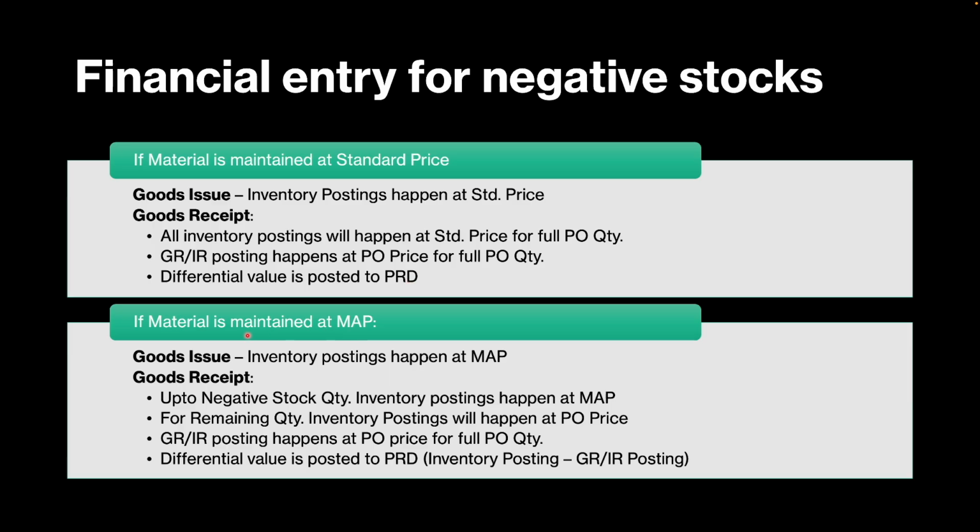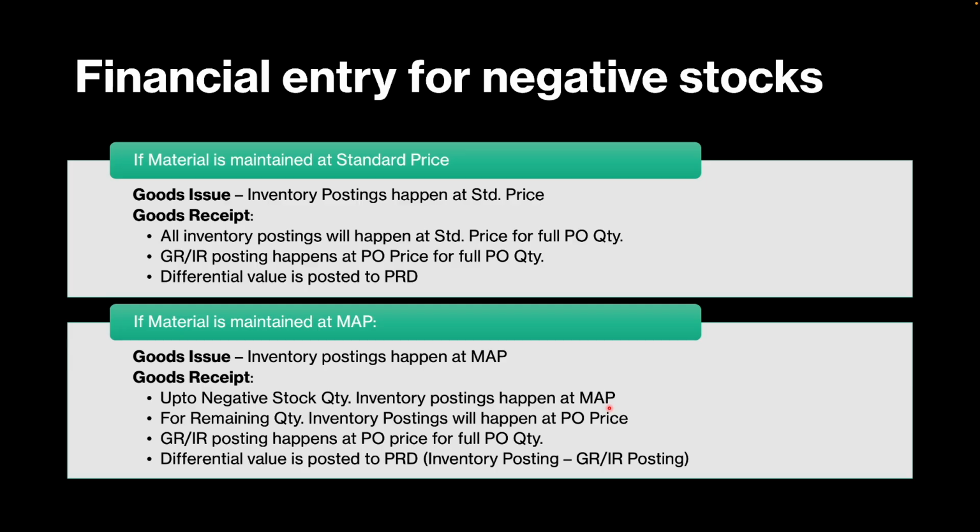But you can see here, if materials are maintained at MAP, whenever you issue a material which leads to creation of negative stocks, inventory posting will happen at MAP only. But when you do the goods receipt, up to the negative stock quantity, inventory posting will happen at MAP only, and it will not consider the PO price.